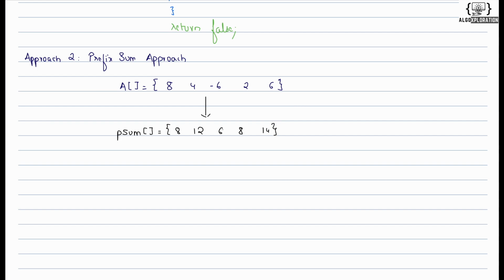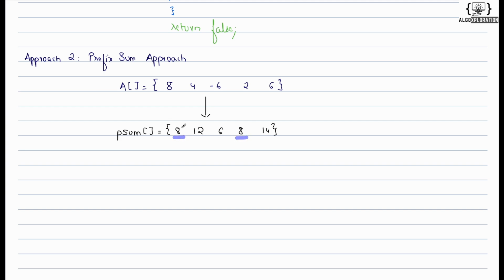Now if we observe carefully, till this point the sum is 8. And what this 8 means is the sum till this point. So here also the sum is 8, and we can say it is nothing but propagating the sum. Here is also 8, here is also 8.